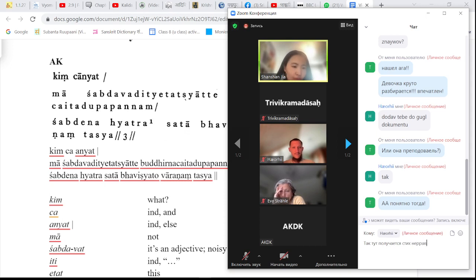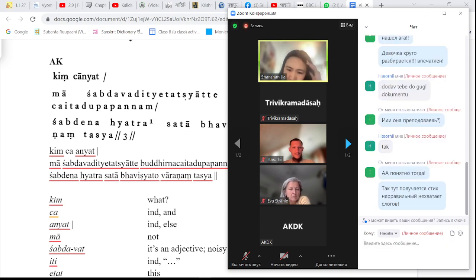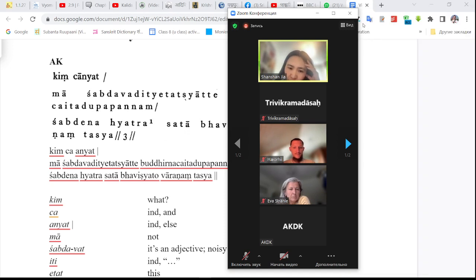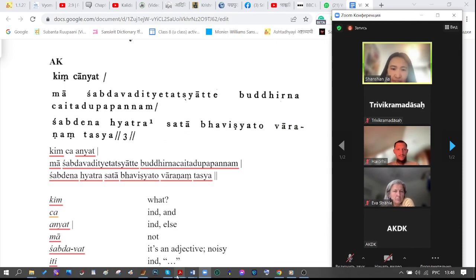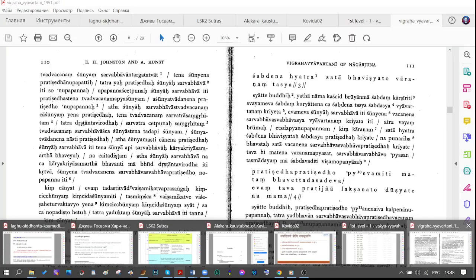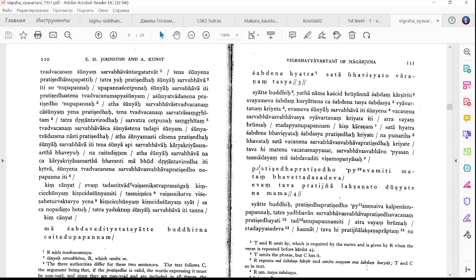So the 25th verse is, let's have a look. It is on page 124. Do you see that one? 124, and it's on PDF page 15.